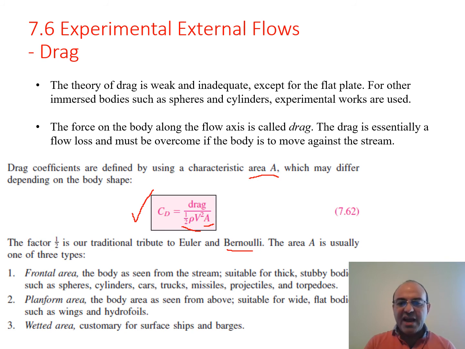So the area A, which is used in the definition of the drag coefficient, can be of different types. For instance, it can be the frontal area, planform area, or wetted area. So in different cases, we may use different values for this area.